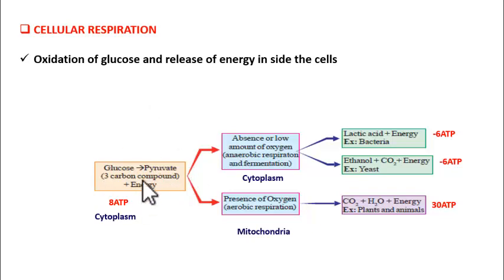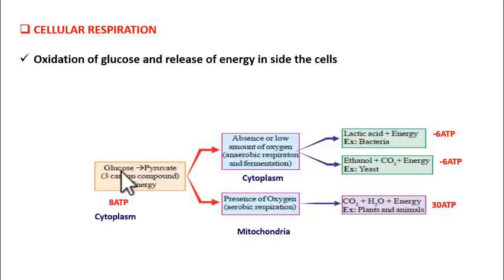So see here students, this is our glucose, which is a 6-carbon compound. This has entered into cell. Now glucose is inside the cell. Consider this is cytoplasm of the cell. This glucose is first broken down to pyruvate. Pyruvate means pyruvic acid.